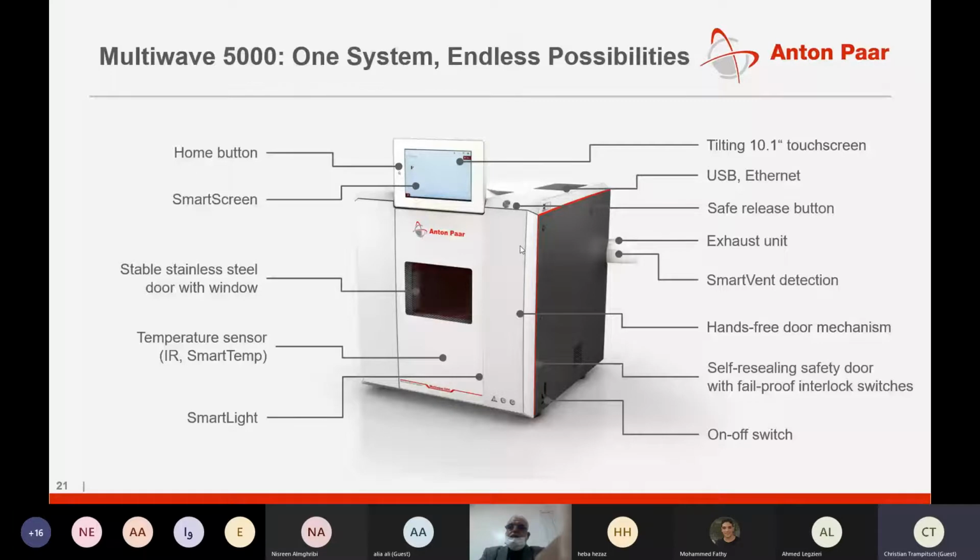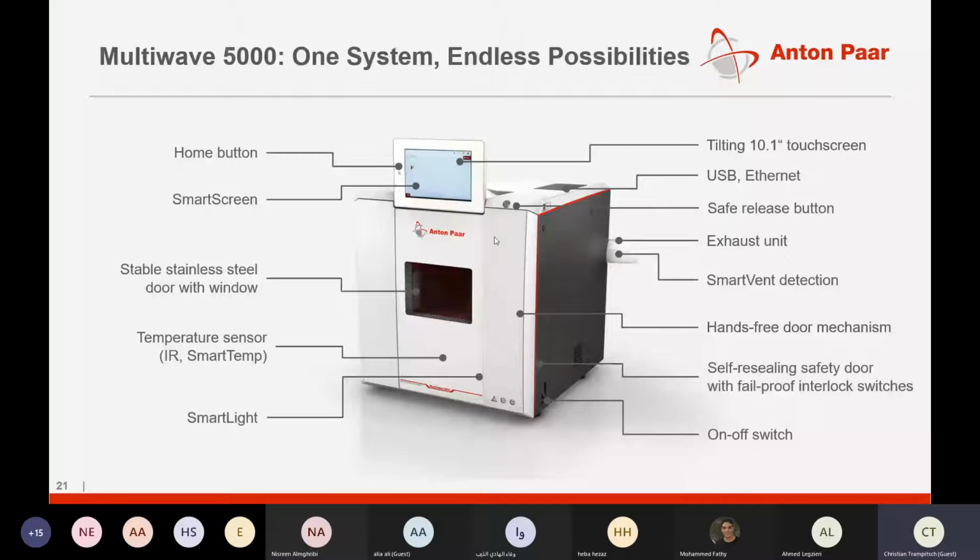The instrument comes with temperature sensors at the bottom so that we monitor and control the temperature of all the vessels. That's very important because the temperature is our main parameter, which gives us the information how well a digestion went.